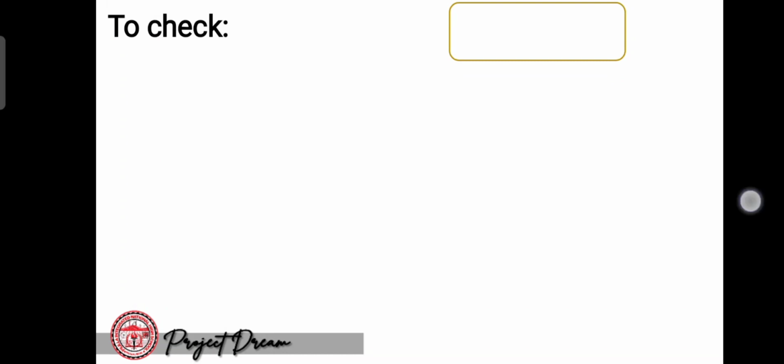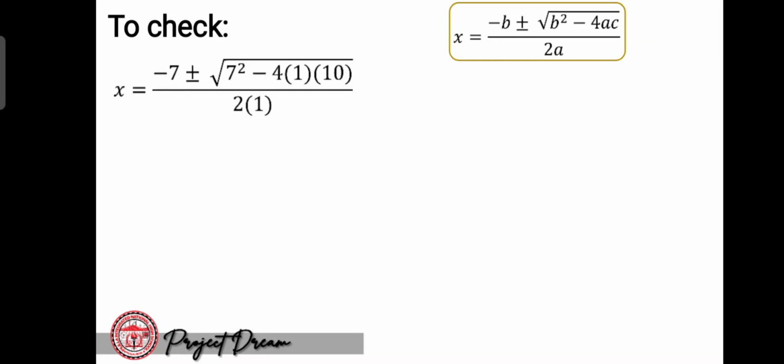So this time, we will use the quadratic formula. The quadratic formula is x is equal to negative b, either positive or negative, square root of b squared minus 4ac all over 2a. So let us substitute the values of a, b, and c in the quadratic formula.